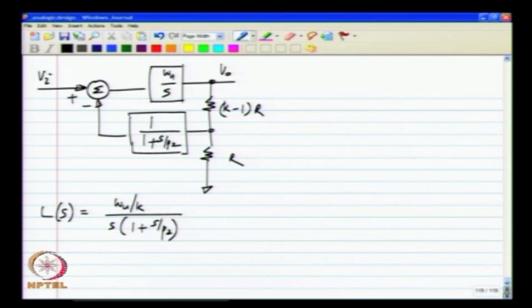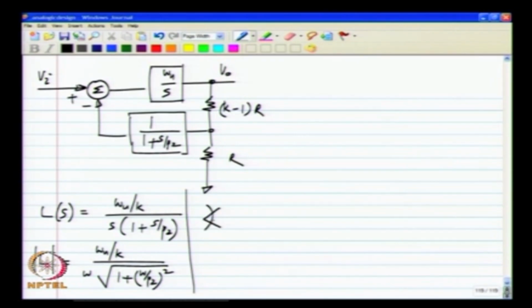And the magnitude of L can be calculated to be omega u by k divided by omega and square root of 1 plus omega by p2 squared, and the angle of L can be calculated to be minus pi by 2 because of this s, minus tan inverse omega by p2.